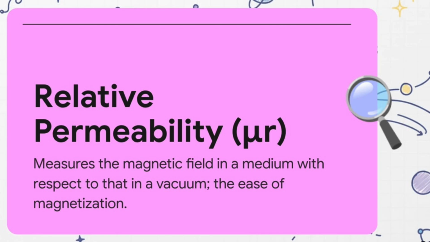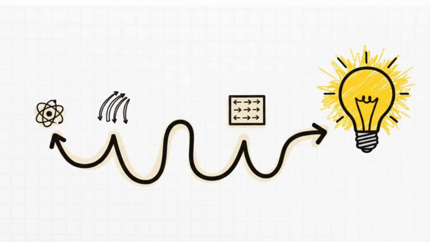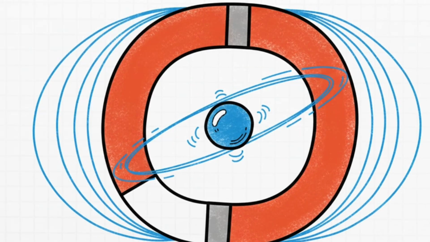So these are the three properties, and that's the secret. Every single magnetic field you have ever experienced in your entire life starts with the spin and orbit of a single, solitary electron. It's this beautiful, powerful link between the bizarre quantum world and the world we see and touch every day.